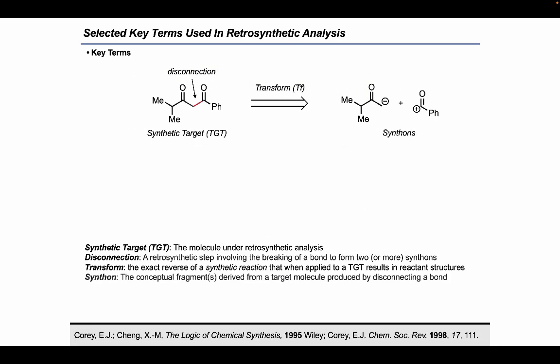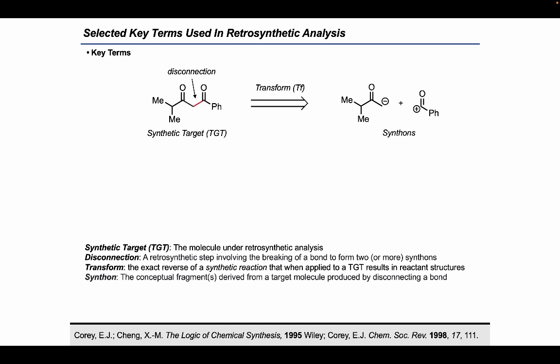Okay, before I discuss molecular complexity in more detail, there are several key terms used in retrosynthetic analysis which I want to go over. First, a synthetic target, or TGT, is the molecule under retrosynthetic analysis. A disconnection is a retrosynthetic step involving the breaking of a bond to form two or more synthons, where synthons are the conceptual fragments corresponding to a synthetically tractable chemical structure, or synthetic equivalent.